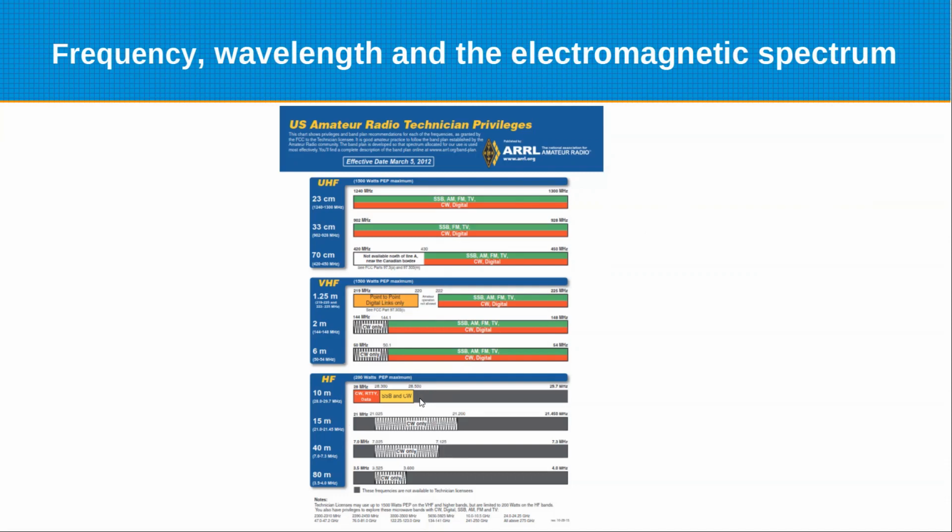That's the only HF where you can operate phone. For VHF and UHF, it's pretty much the entire bands, except for that 1.25 meter, which I don't know who uses other than, I guess, communications repeaters mostly, isn't it? Back channel.